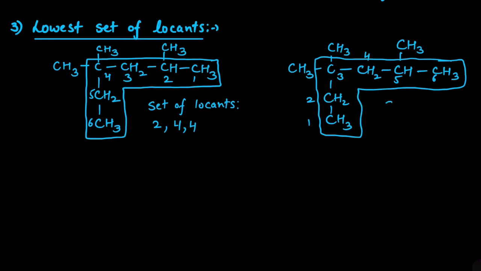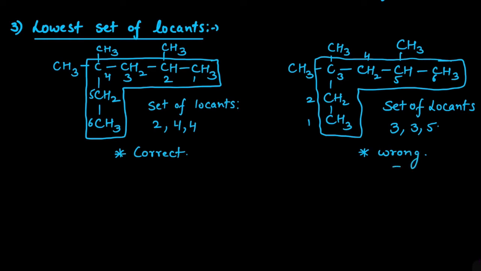So in this molecule, we can clearly see that the substituents are getting the carbon number 3 and 5. So the set of locants will be 3, 3, 5. So the rule is that we will prefer the numbering for the lowest set of locants. So this is the correct way, while this is the wrong way.